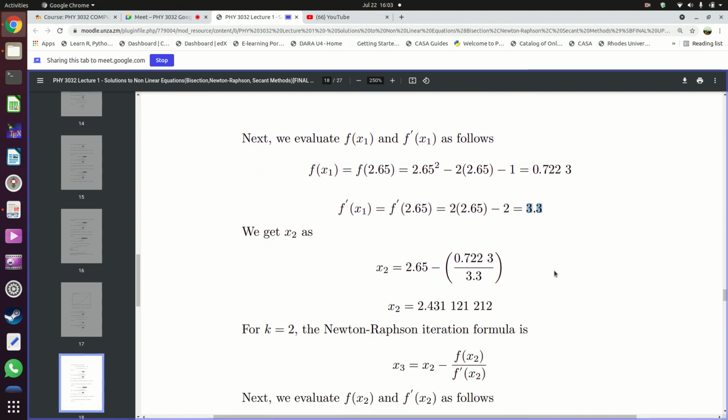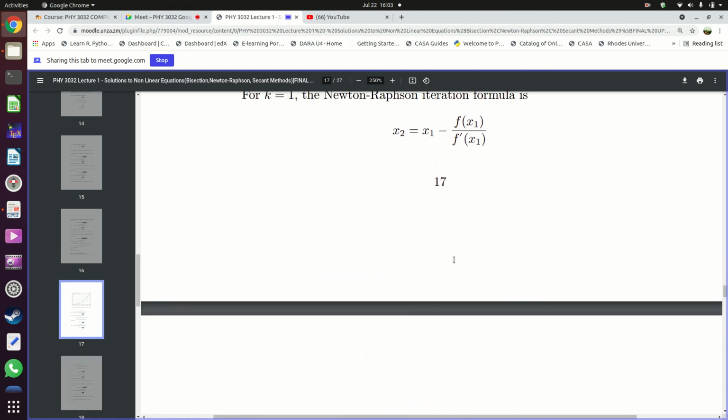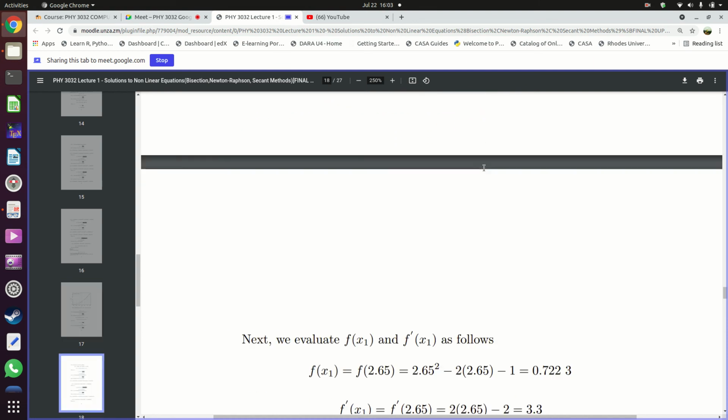So with the value of the function at x1 known to be 0.7223, and the value of the derivative at x1 being 3.3, we make our substitutions. For x1, we put in 2.65, then the value of the function at x1, then the value of the derivative at x1, which we have found.